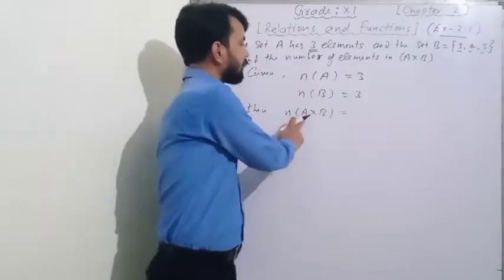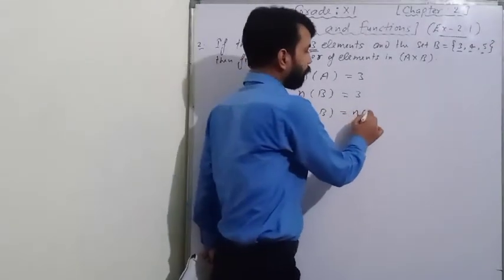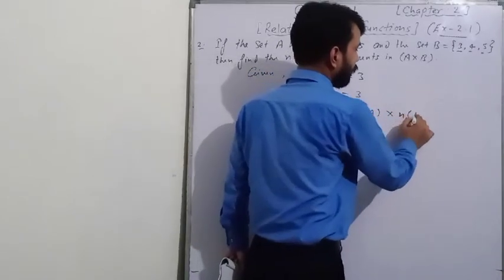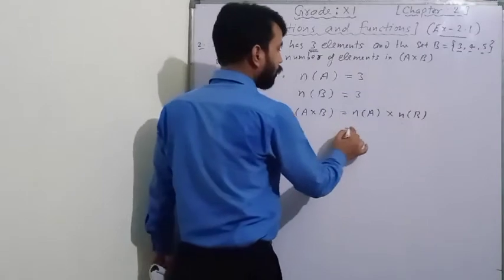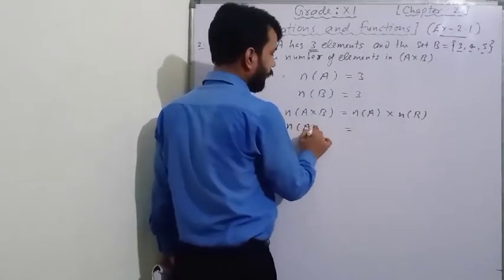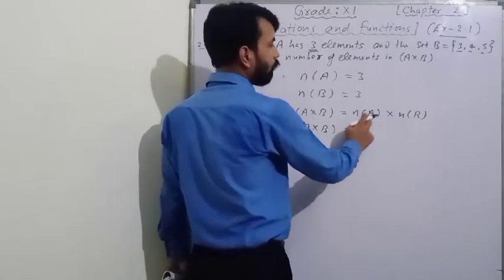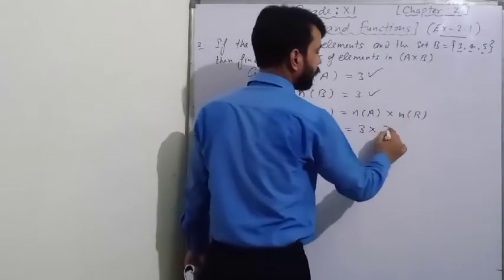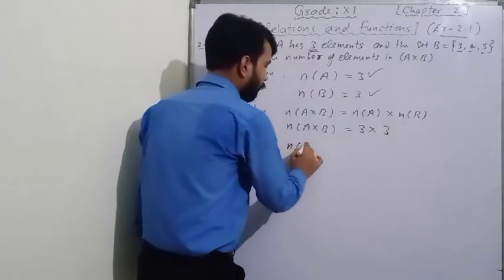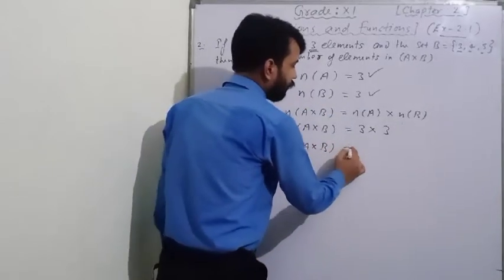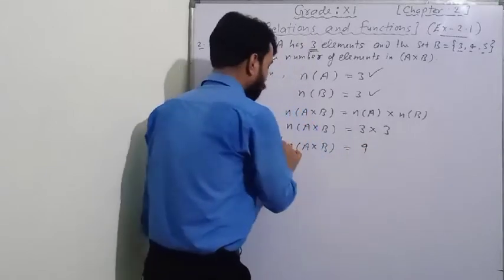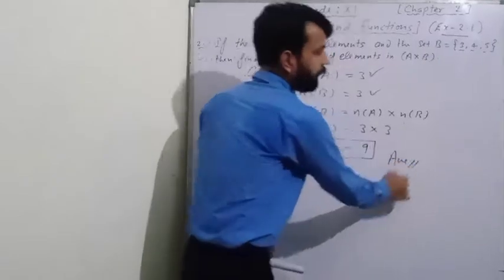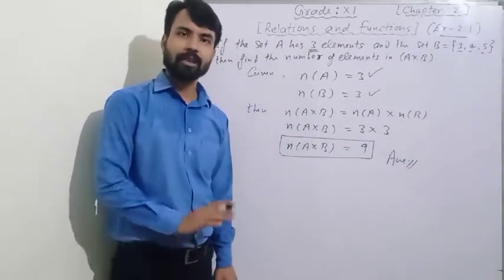So the number of elements in A cross B will be the number of elements in A into the number of elements in set B. So beta, the number of elements in A cross B equals 3, the number of elements in A, and 3, the number of elements in B. So the number of elements in A cross B equals 3 3s are 9. So the number of elements in their Cartesian product will be 9. Got it? Hope it is clear.